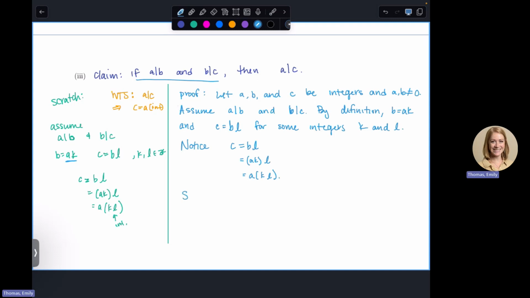Since KL is an integer, then A divides B and B divides C. That's what we assumed.